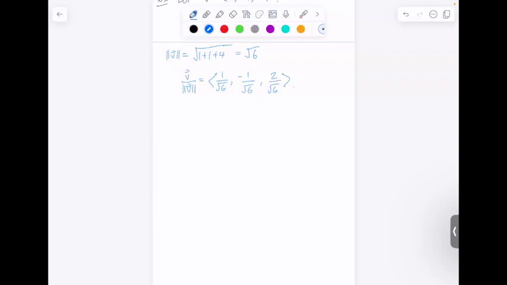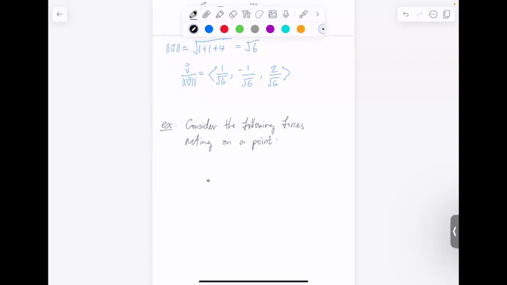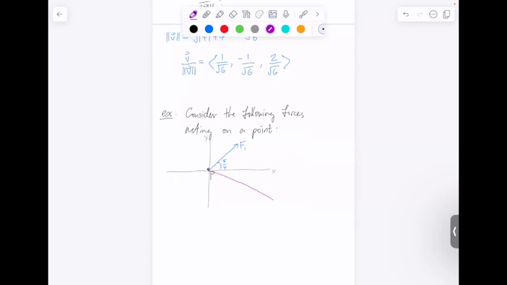Let's do some application. Consider the following forces acting on a point. So let's say here's a point P. Now I'm going to put in coordinates here, x and y. And let's say I have a force that's pulling this way, F1, and this is making an angle of pi over 4. And I have another vector, let's call this F2.